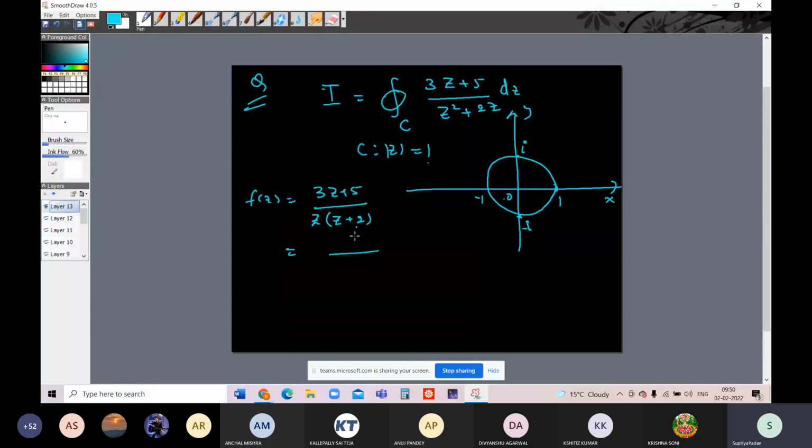Now writing it in partial fractions. Suppose we have z and z + 2.